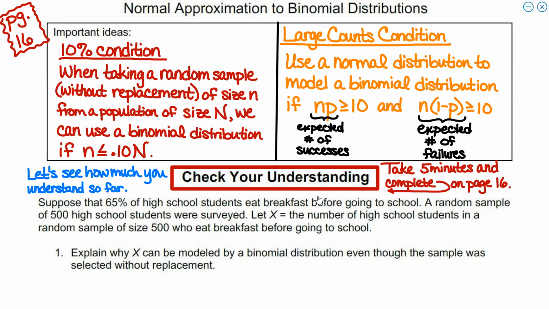If those conditions are satisfied, then I can use a normal approximation for my binomial here. That is what we call our large counts condition. I got 325 and 175. Definitely meet those conditions. As long as we are bigger than 10, my normal approximation is going to be close enough.